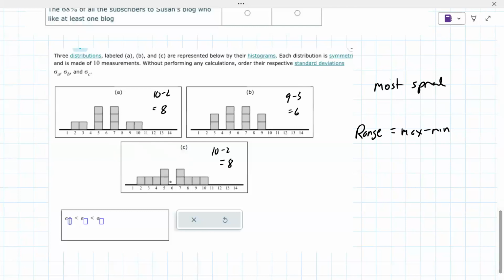It has the highest standard deviation compared to A. And then B has the least spread. That's why it's over here on the left. And I think range is a quick way to look at all three. It doesn't completely work, but it's a pretty good starting point.